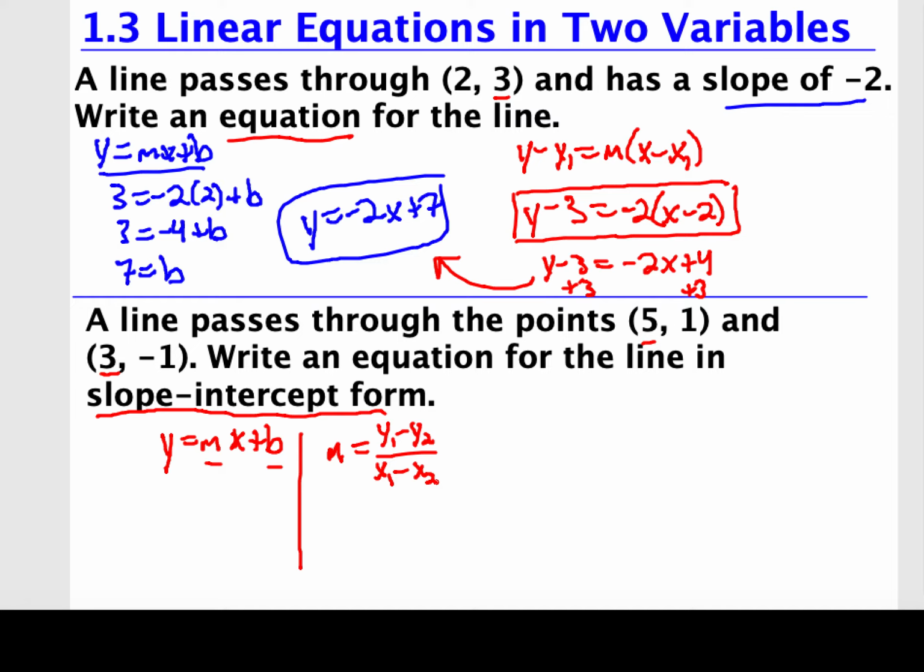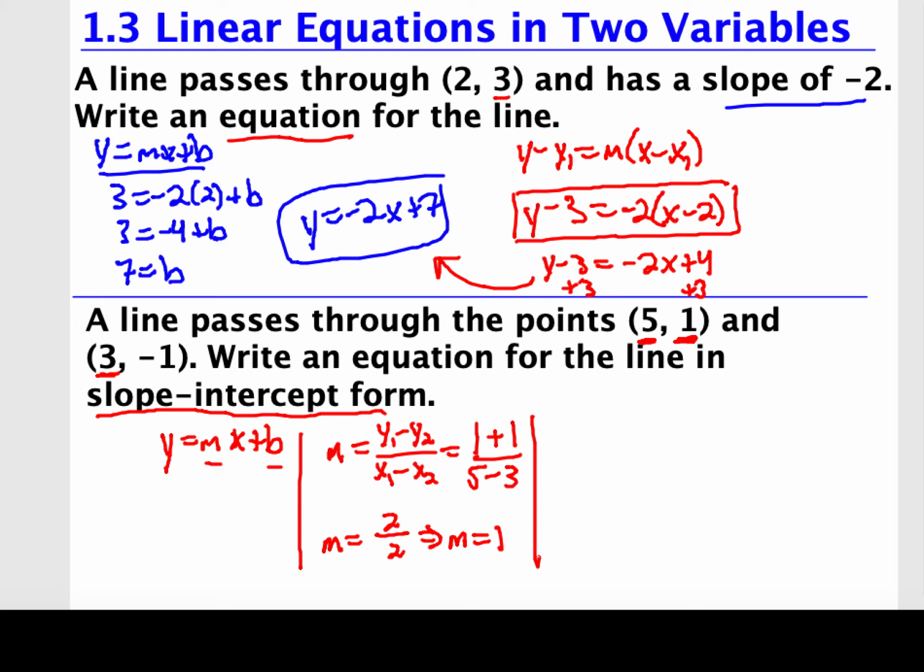So m would be equal to, let's take that y1, so the y from the first coordinate, so 1 minus -1, so make it +1, over, again, I use the 1 first, I need to use the 5 first. 5 minus, again, x2 would have been 3, and basically m equals 2 over 2, or m equals 1.